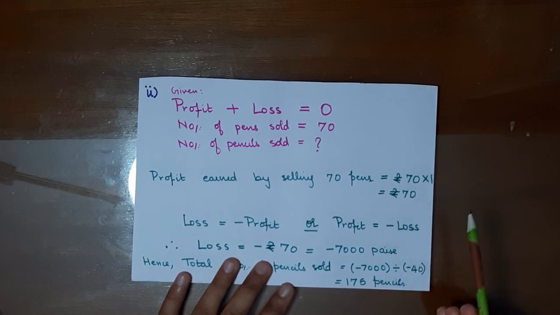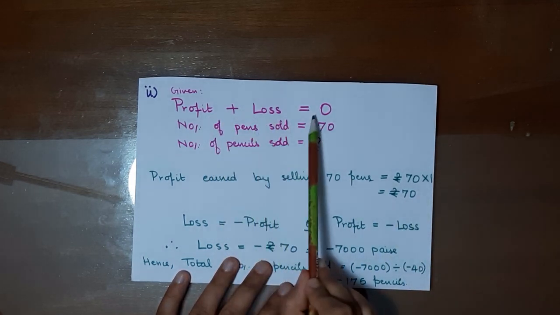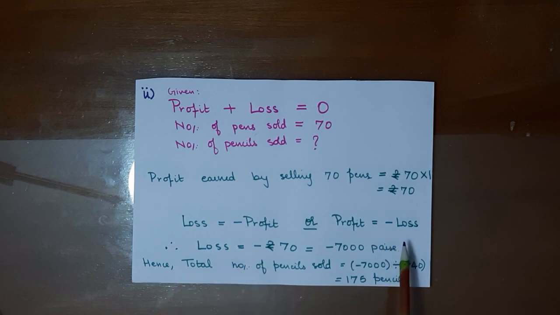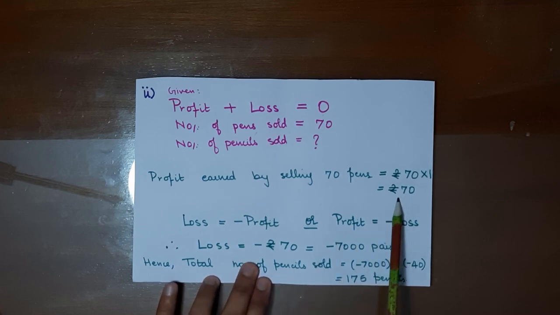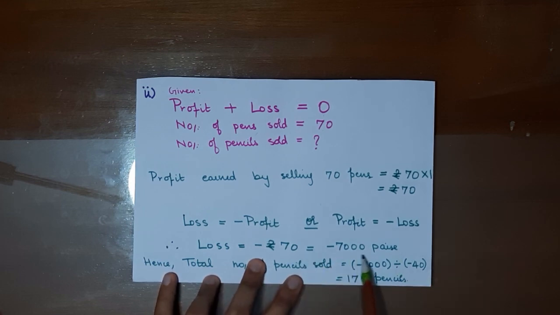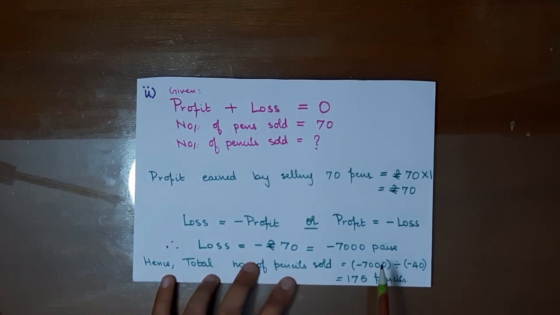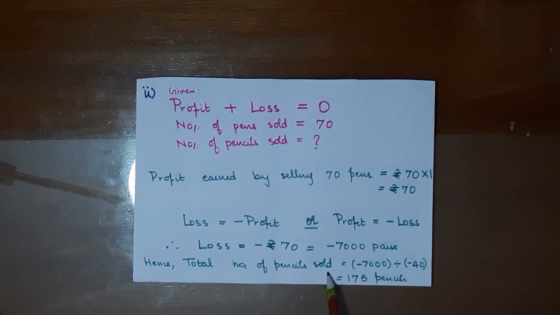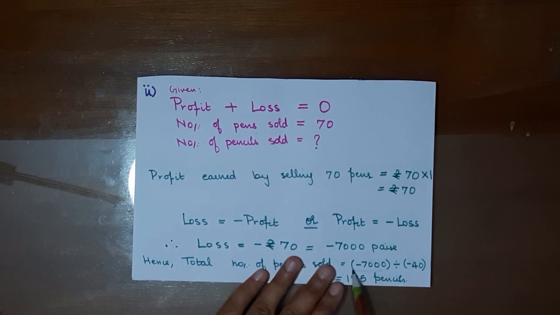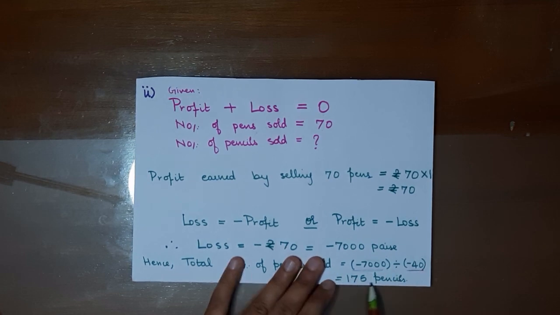You can also write this as plus rupees 70. Now they have given that profit plus loss is 0. So loss is equal to minus profit, or profit is equal to minus loss. Therefore, loss is equal to minus profit, that is minus 70, which is equal to minus 7000 paise. I have taught this conversion earlier. So minus 7000 paise. Hence, the total number of pencils sold is the loss for however many pencils sold divided by the loss for 1 pencil.